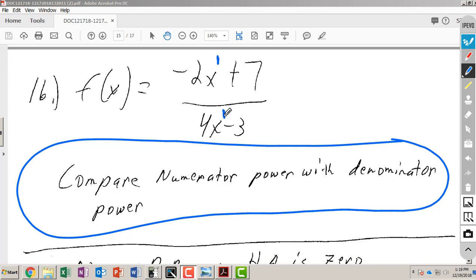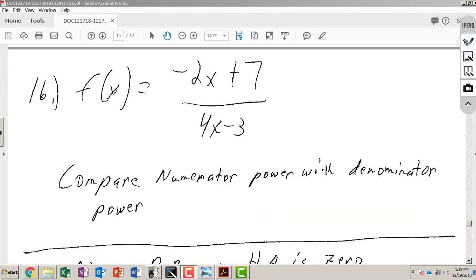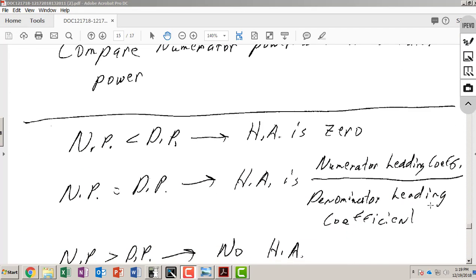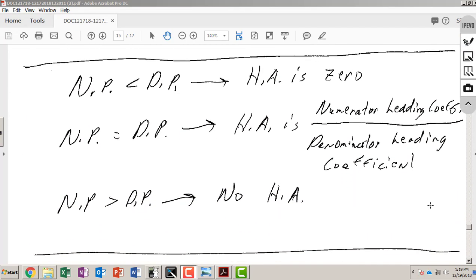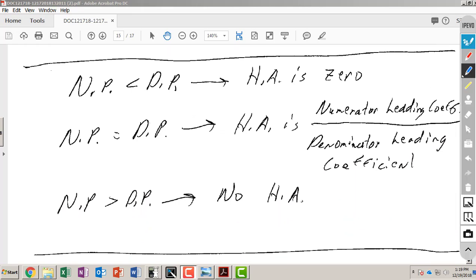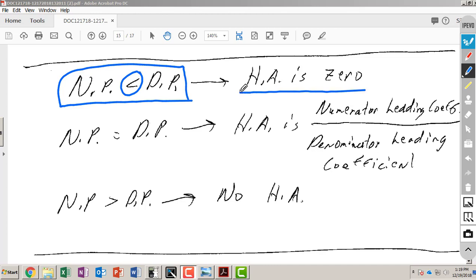Now once I make those comparisons, I just have to follow the rules for finding horizontal asymptotes. The first rule is if the numerator power is less than the denominator power, then your horizontal asymptote is going to be 0.